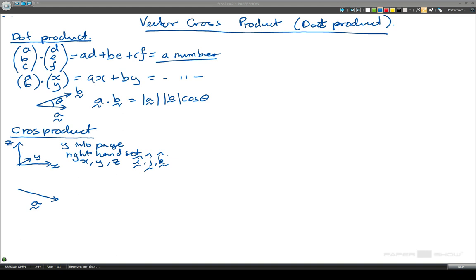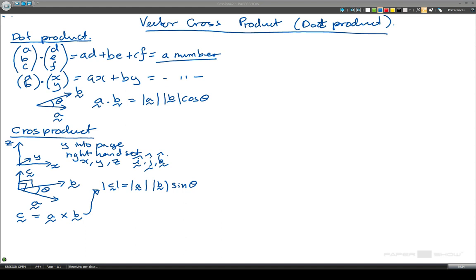If we have A is a vector here, and B is a vector there, then the cross product C is a vector which is perpendicular to both A and B. I should have said here, C is equal to the cross product of A and B, and the length of C is equal to the length of A multiplied by the length of B multiplied by sine of theta, where theta is the angle in between.